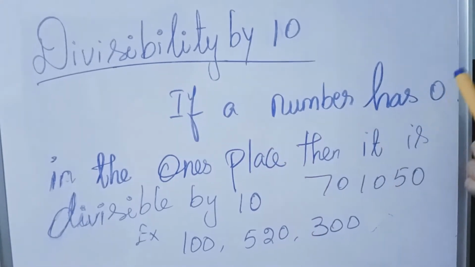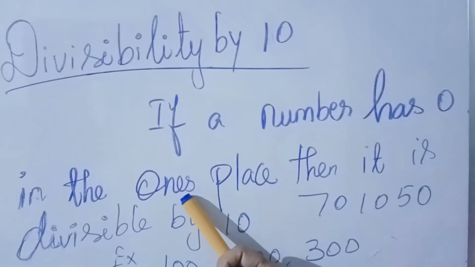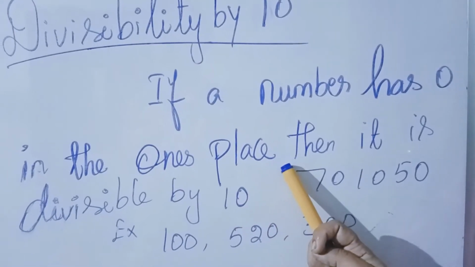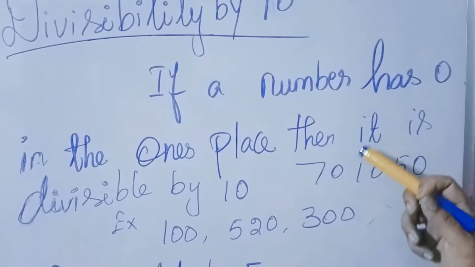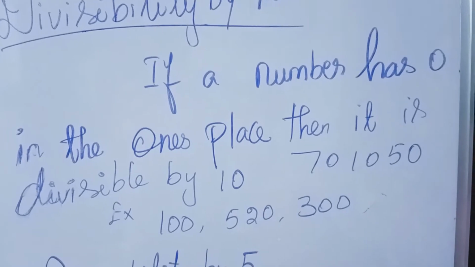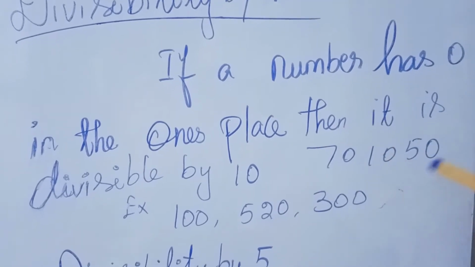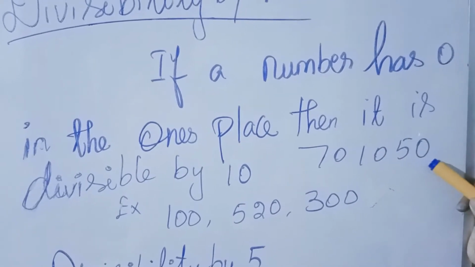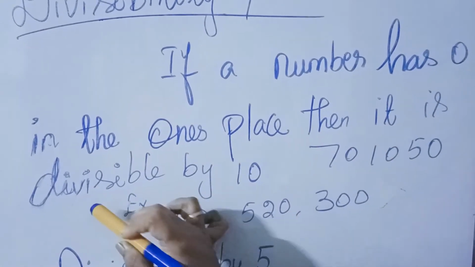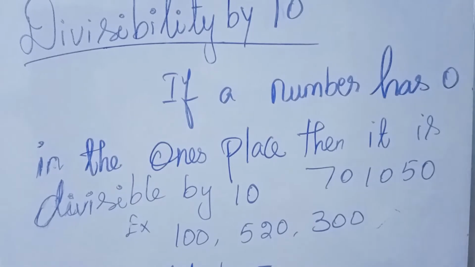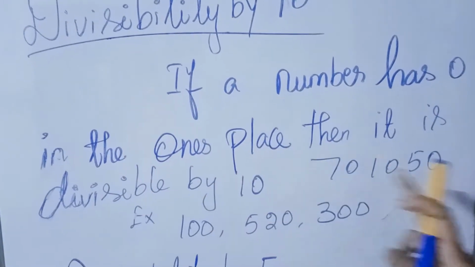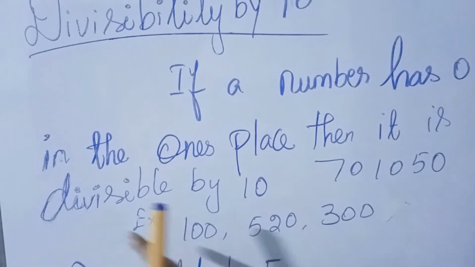If a number has 0 in the ones place, then it is divisible by 10.